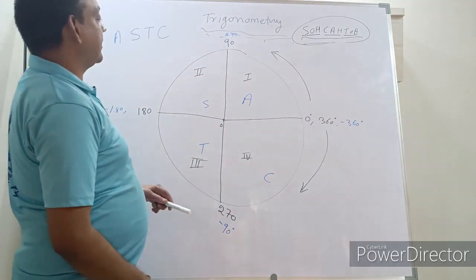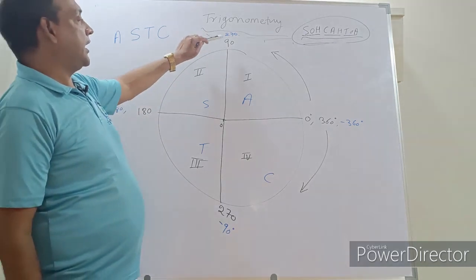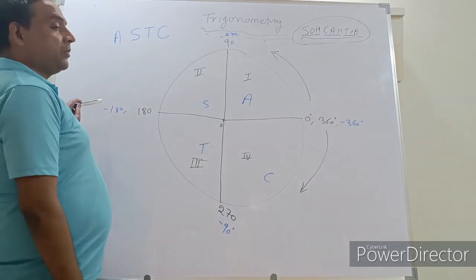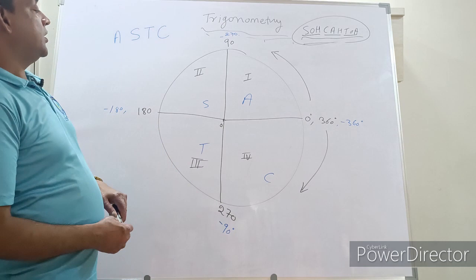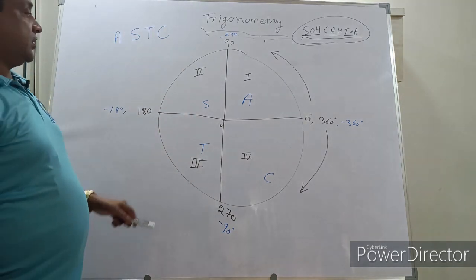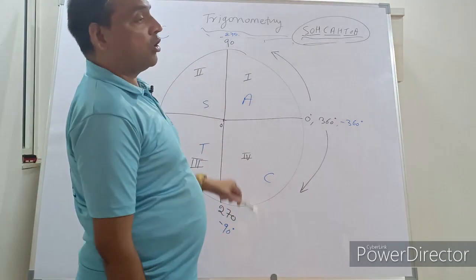If the angle lies in the second quadrant, between 90 and 180 degree, or between minus 180 and minus 270, then only sine and the reciprocal of sine, which is cosec, are positive in the second quadrant.